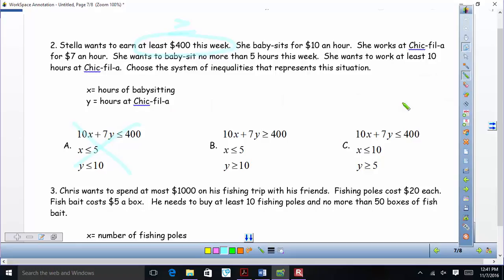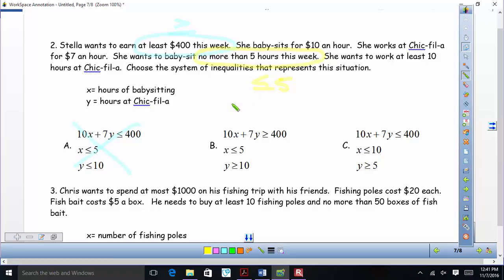Then the next thing says she babysits for $10 an hour. She works at Chick-fil-A for $7 an hour. She wants to babysit no more than 5 hours. So does that mean she wants to babysit more than 5 hours? No. She wants it to be less than or equal to 5 hours. She does not want to keep those kids that long.